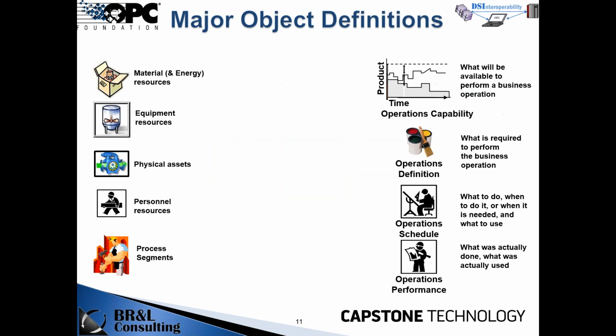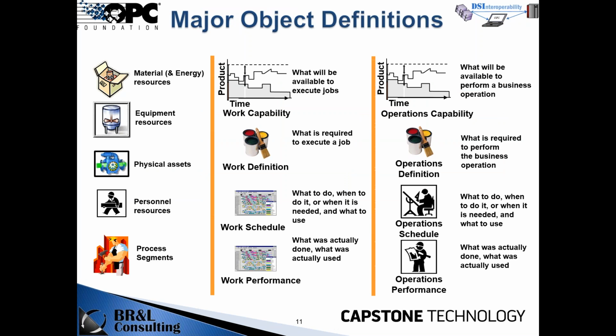Another way to look at these models is like this, a little bit more graphical, where we talk about equipment and we talk about physical assets. Now these are two different things. So when we talk about equipment in 95, we're talking about something called a role-based hierarchy or role-based equipment, so that a valve inside a system has a role, you know, valve 101.